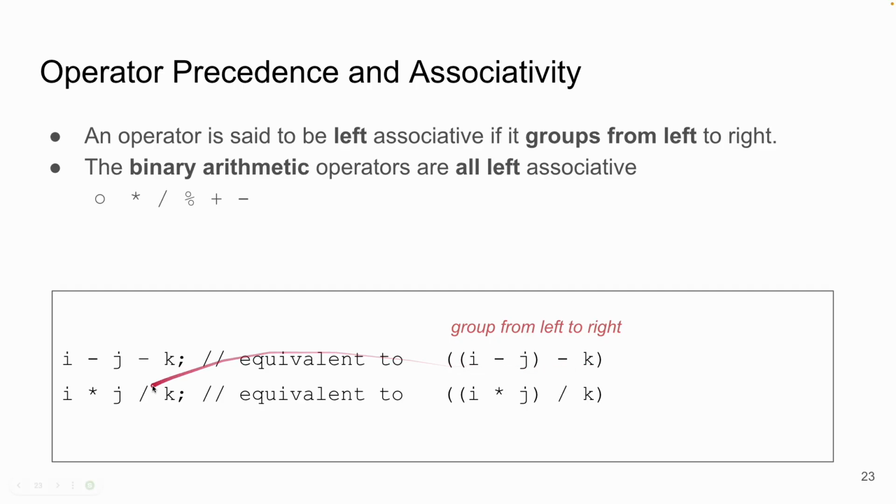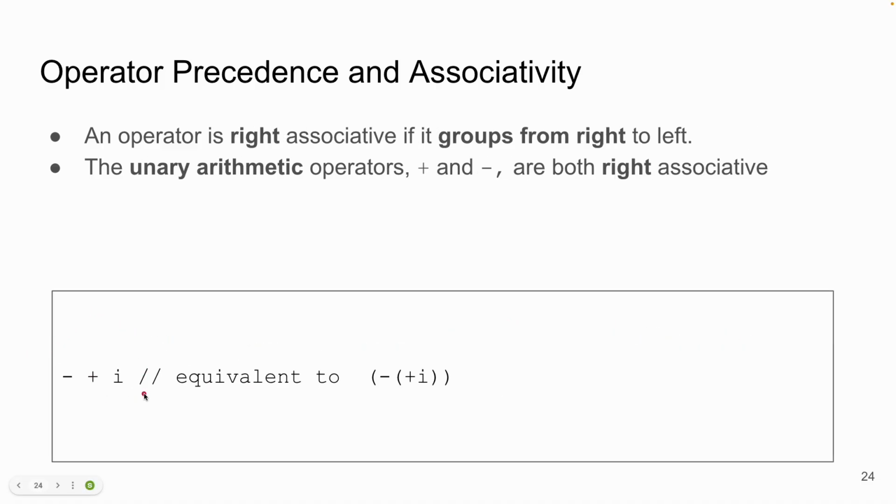It is the same for the second line here. We will multiply i with j first, and then we will divide the return value by j next. That is how we can interpret these two lines.